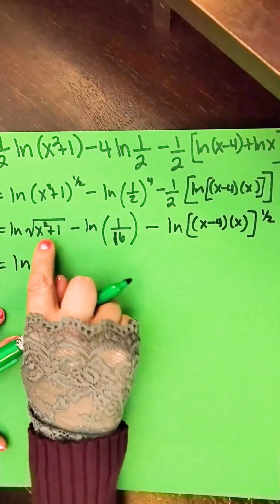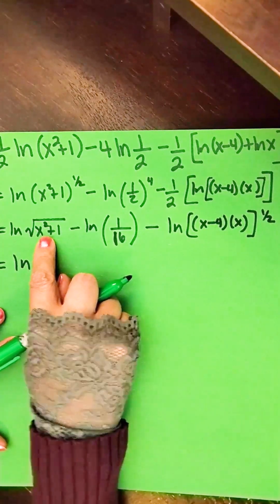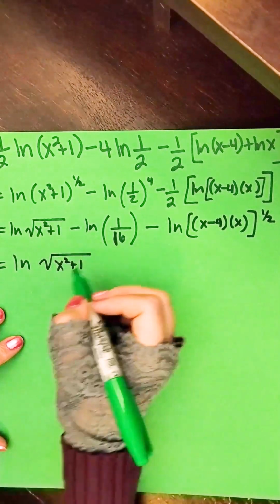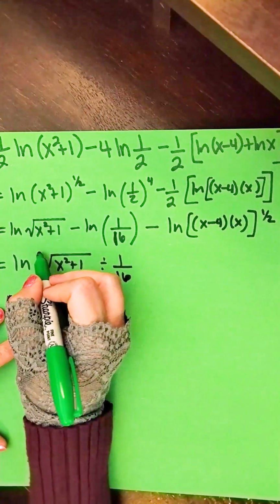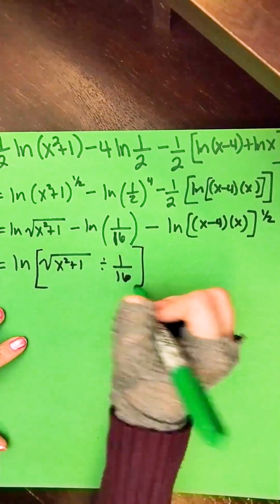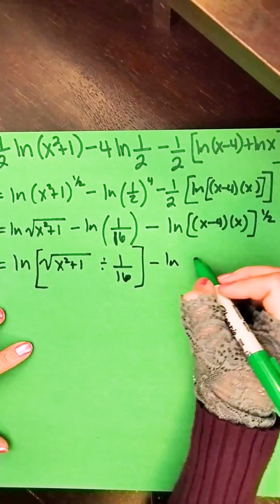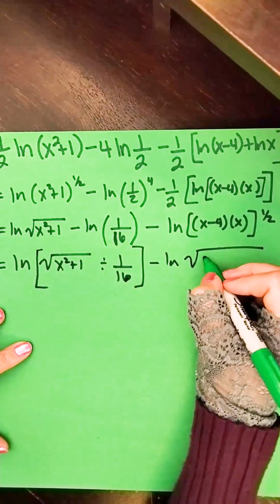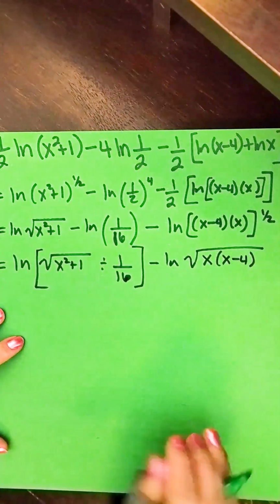So in that case, I'm going to divide this first argument by the second. So the square root of x squared plus 1 divided by 1/16. Okay, and I'll put this like this, minus the natural log. I'm going to rewrite this as a root. So 1/2 power, we know that's a square root. And I'm just going to write this as x times x minus 4.